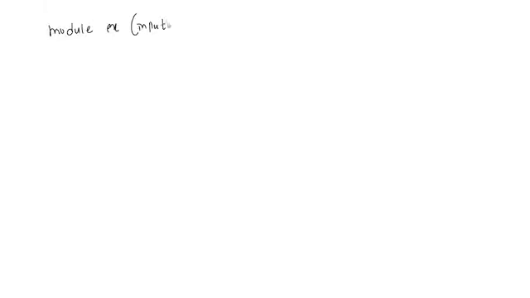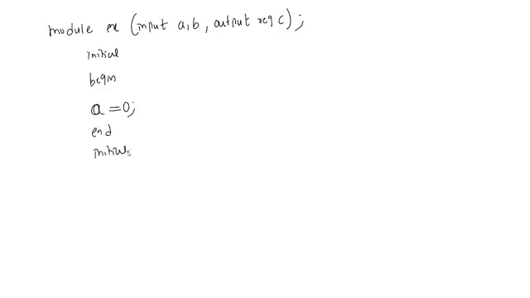I'm using input a comma b, output reg c, initial begin c, suppose a equal to 0 and initial begin end. I'm giving initial a equal to 1, end module.